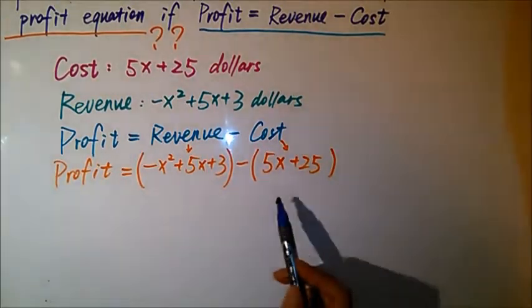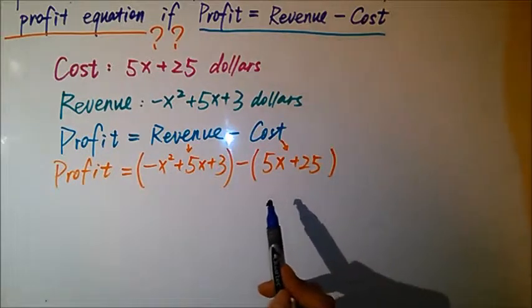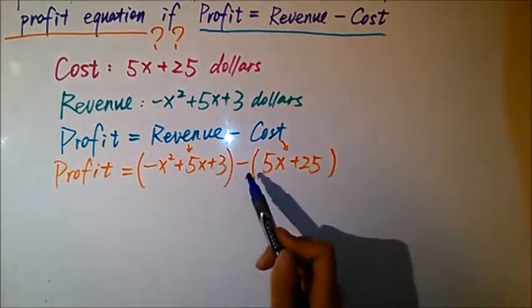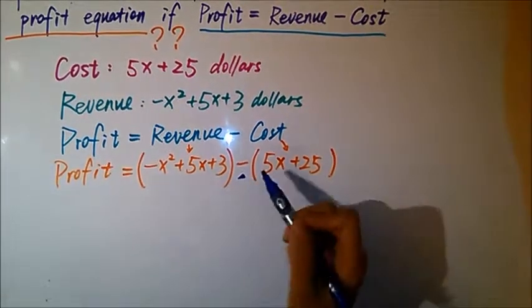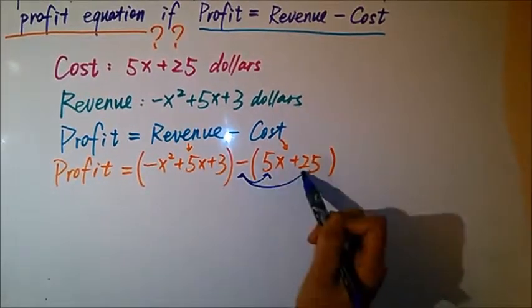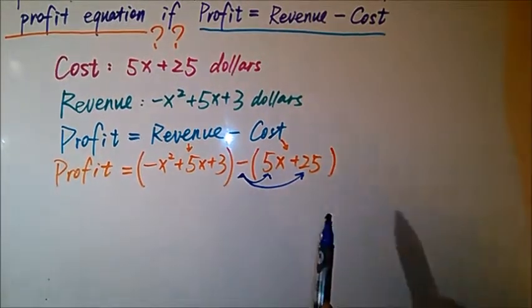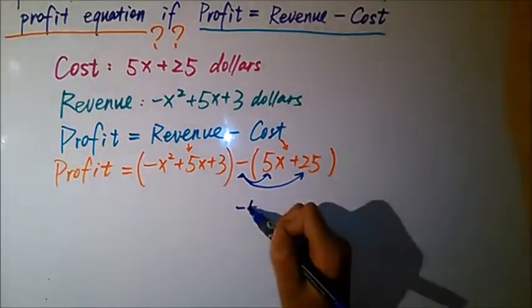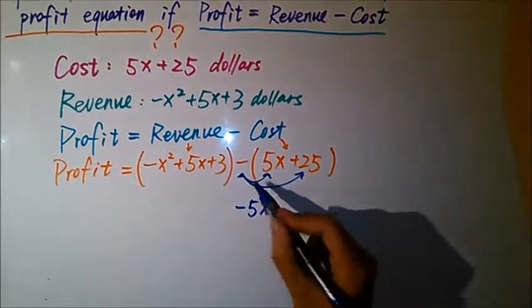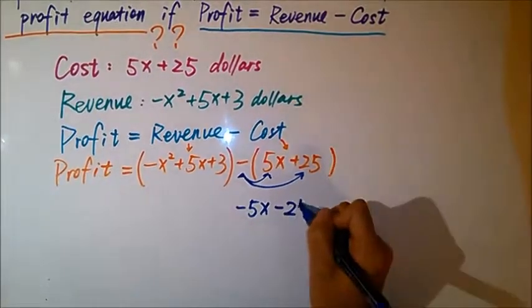Then we look at the right side, and you don't see anything to simplify either. But there's a negative in front of that parentheses, so we have to distribute this negative 1 into all the terms inside. Negative times 5x is negative 5x, and a negative times positive 25 is negative 25.